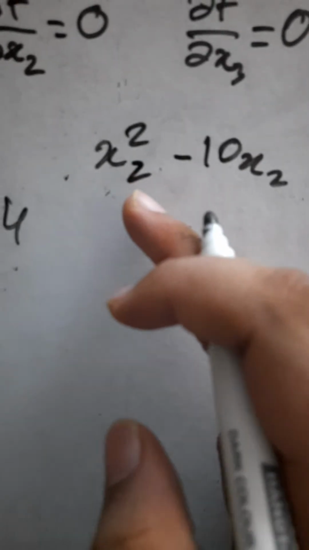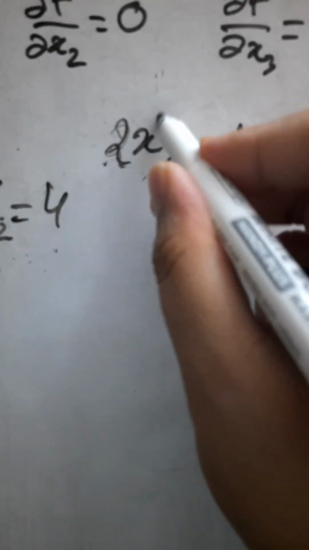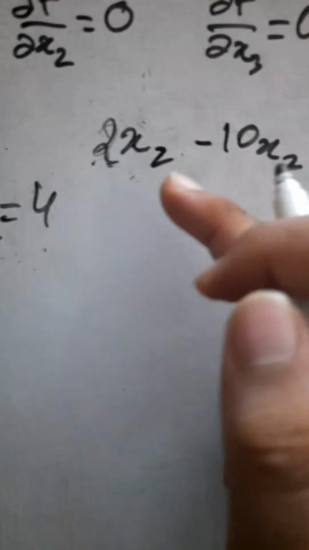As last time, since it is x2 square, its differentiation would be 2x2, since the square comes down and the power becomes 2 minus 1, so it's 1, and that vanishes.